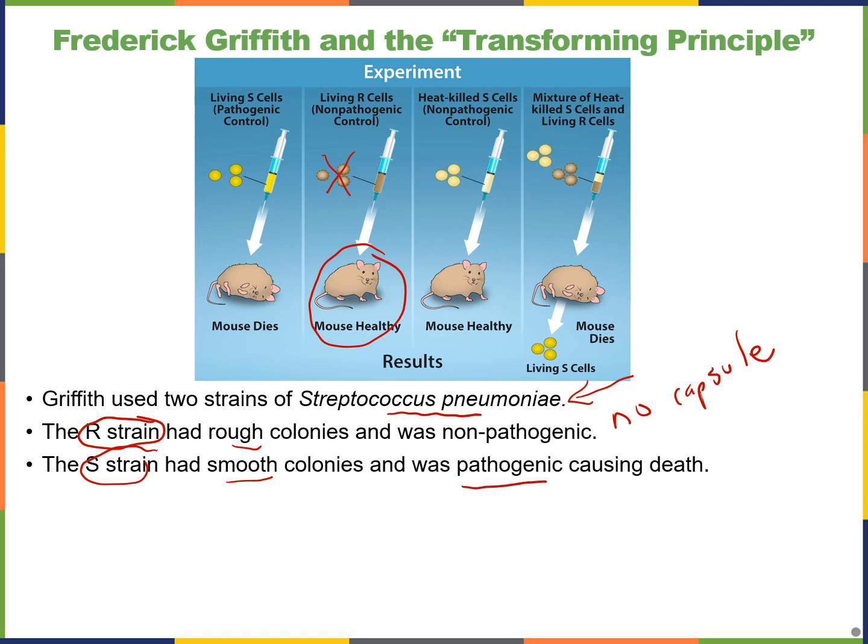And the reason for this is because these bacteria do have a capsule, which is a sticky layer outside of the cells that makes it appear smooth, but also allows it to stick to our body tissues and hide from our immune system. So when he injected living S cells, the pathogenic or disease-causing cells, into mice, then the mice die.